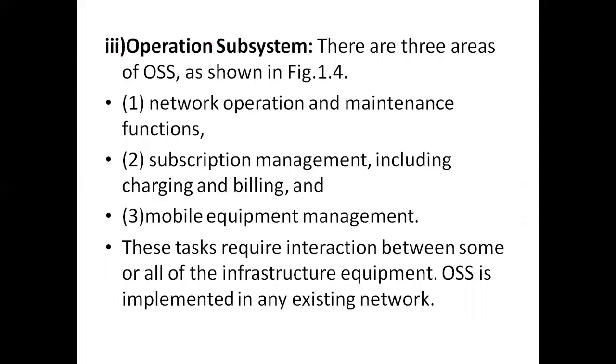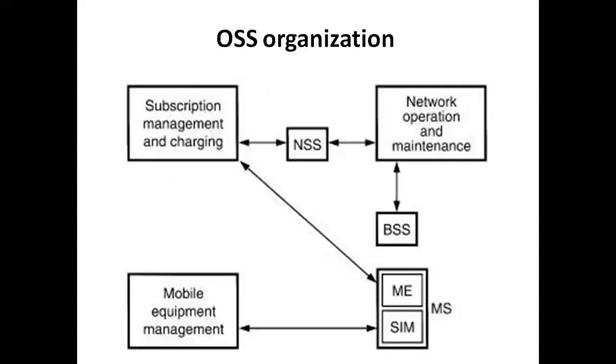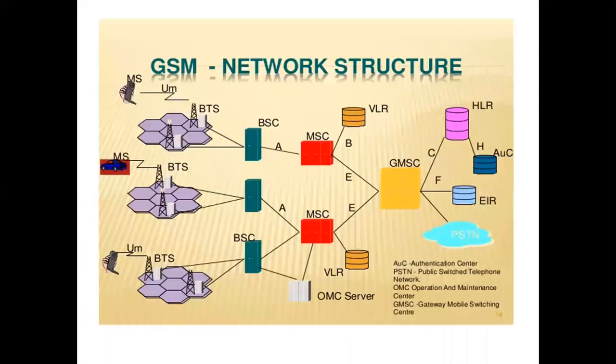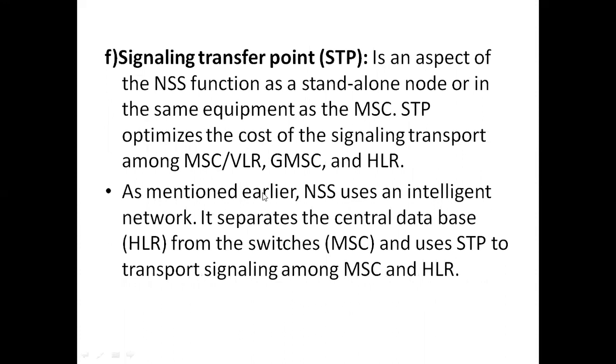That is the last function of NSS. NSS uses the intelligent network. We know it separates the central database HLR from the switches MSC and uses STP to transport signaling among MSC and HLR. So for the signaling between MSC and HLR we use STP, and it reduces the cost of signaling between MSC and HLR or GMSC.